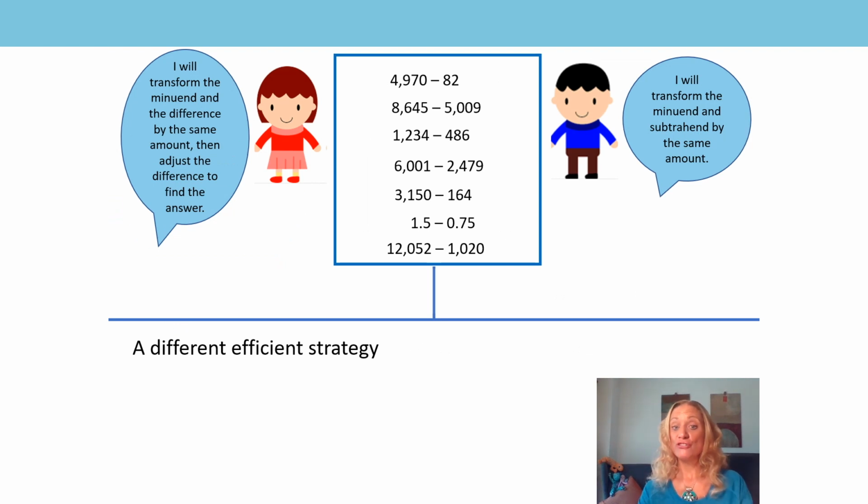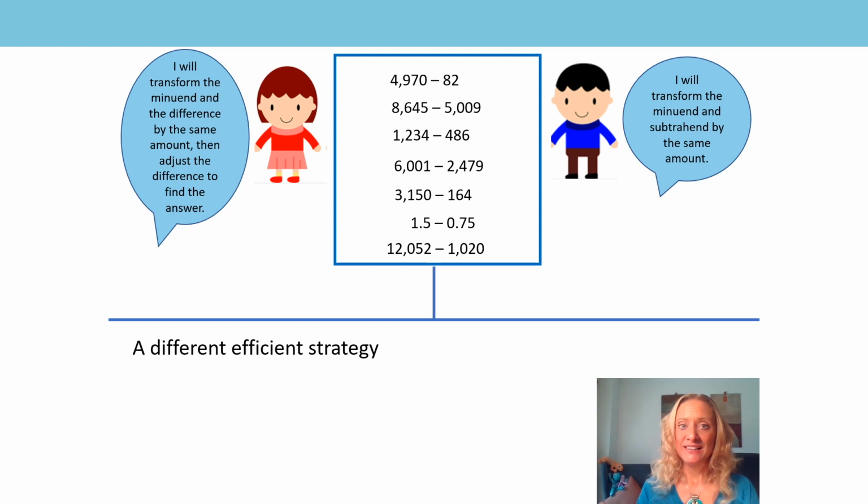Ellie and Sam are going to sort these subtractions, and you'll see we've got a group of subtractions there, all with different values for their minuends and subtrahends. Now Ellie is going to have a look through that group of subtractions, and she's looking for the ones that she thinks will be easily solved and efficiently solved by increasing or decreasing the minuend and then changing the difference by the same amount.